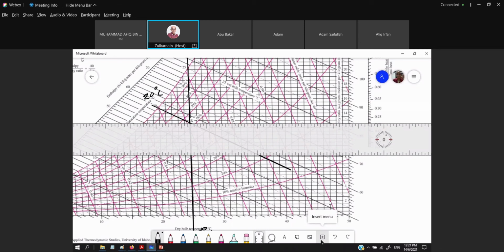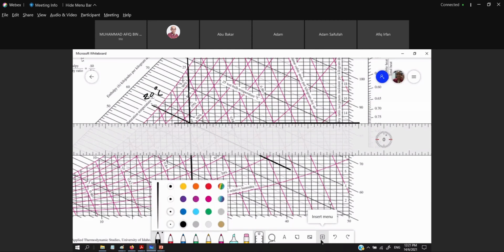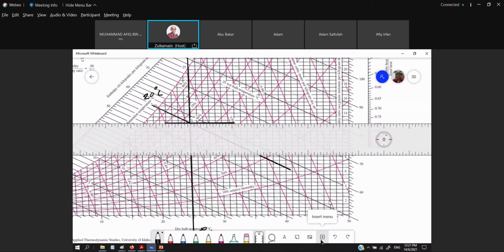Then let me sketch that to the right. Let me undo that, a very thin line there for easy reading.